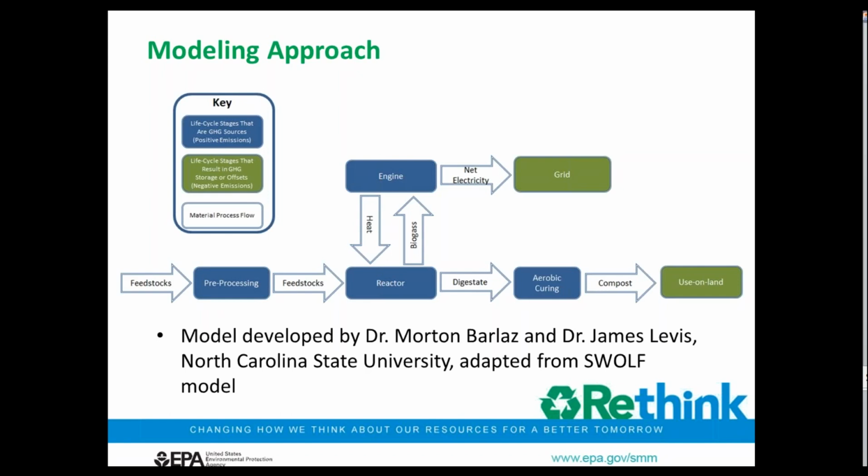At the engine, we assume that the biogas is combusted, generating electricity, and then when that net electricity is used, it avoids emissions at the electricity grid. So that's why that box is green. You're generating your own electricity. You don't need to use grid electricity, which avoids emissions.